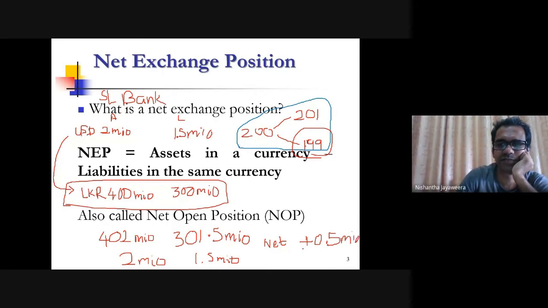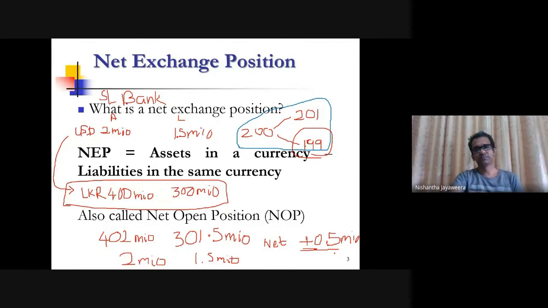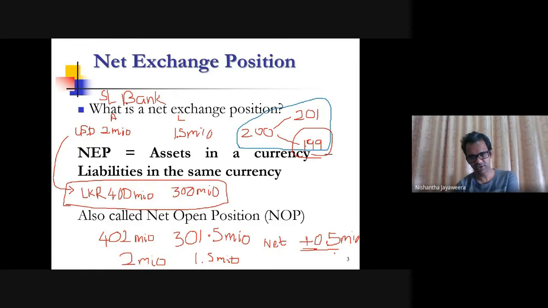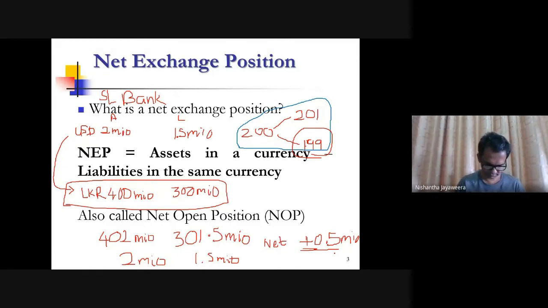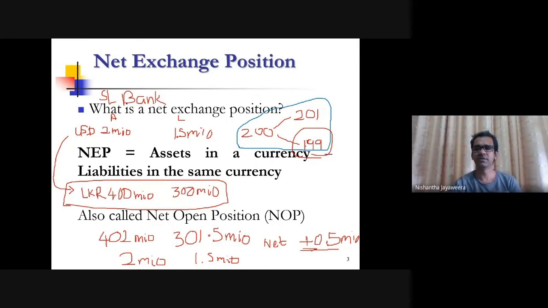Whenever I say plus 0.5 million, asset value increases, liability value also increases, but asset value increases more than the increase in liabilities. Is it a gain or a loss? Gains. It's a gain. So there will be a profit of 0.5 million in the P&L.